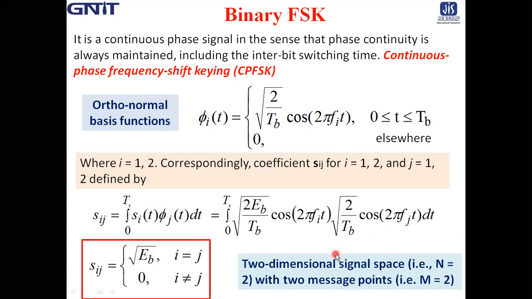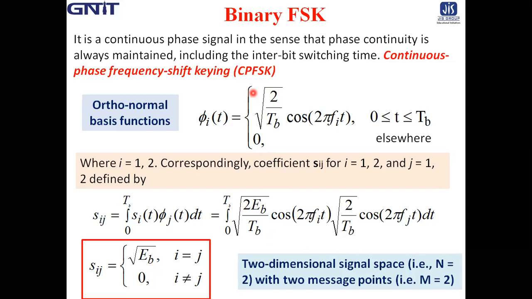It is a continuous phase signal in the sense that phase continuity is always maintained, including the inter-bit switching times. This form of digital modulation is an example of continuous phase frequency shift keying, that is called CPFSK.